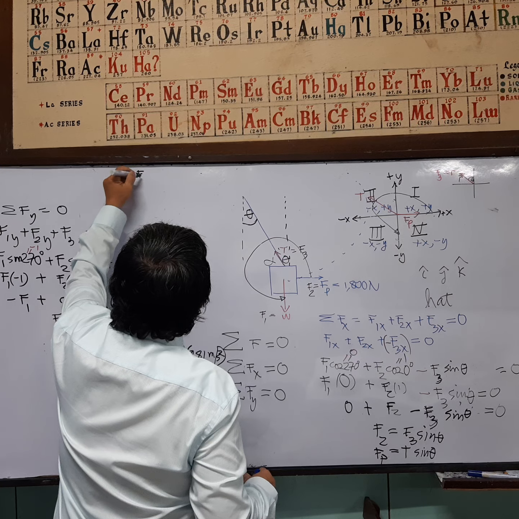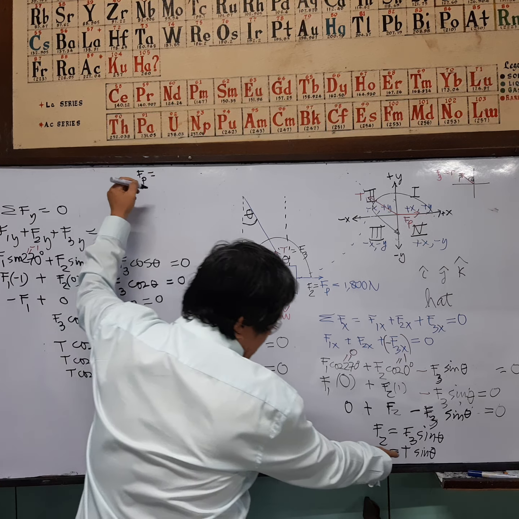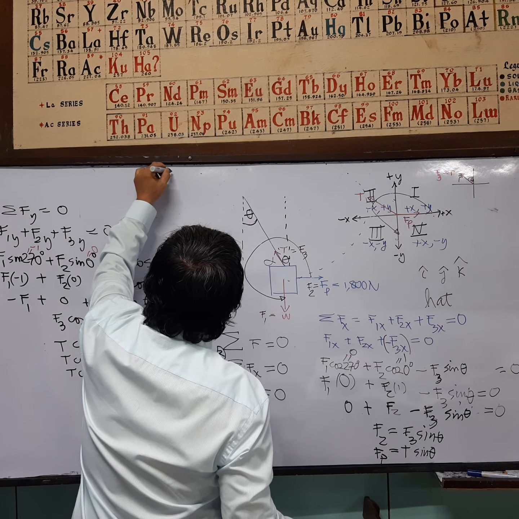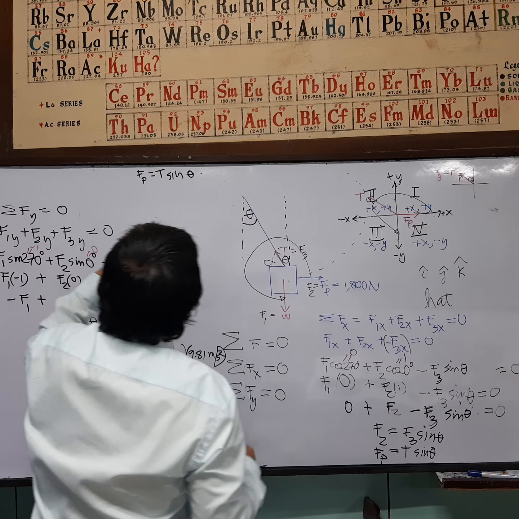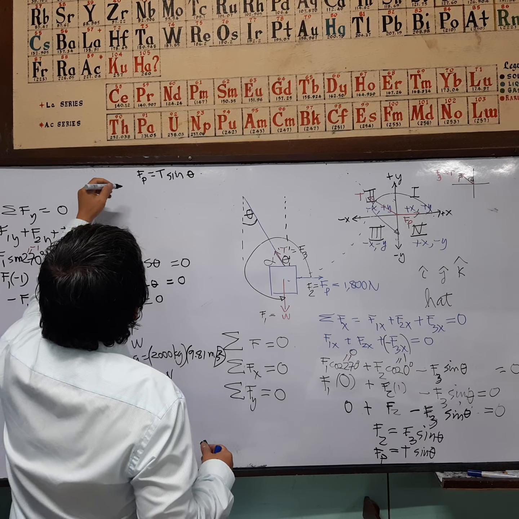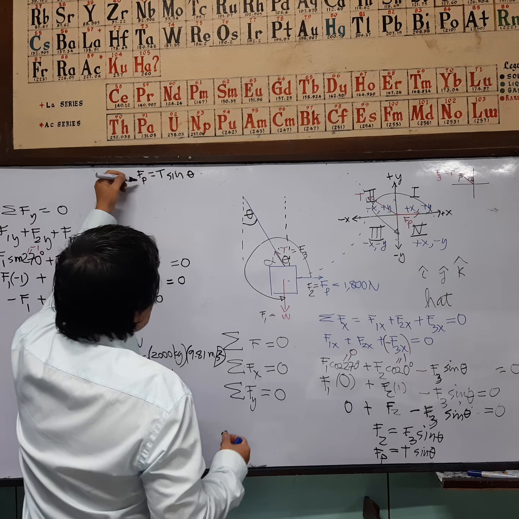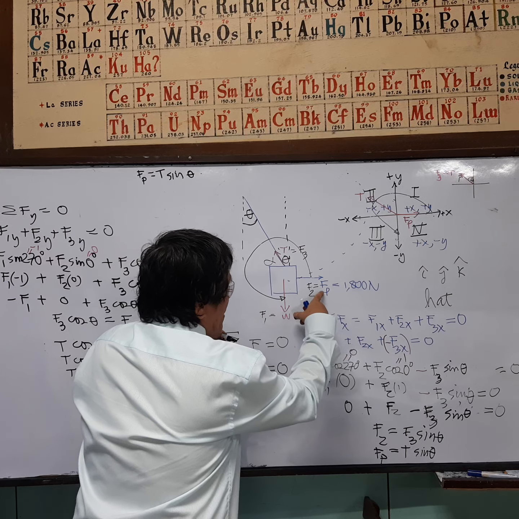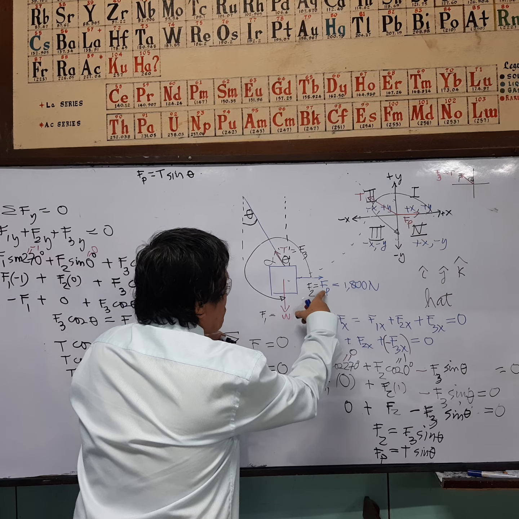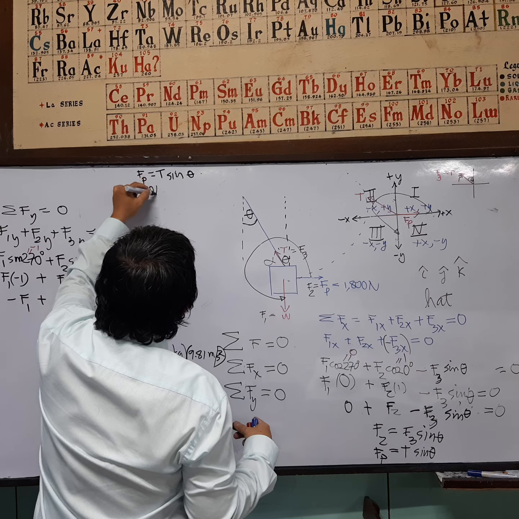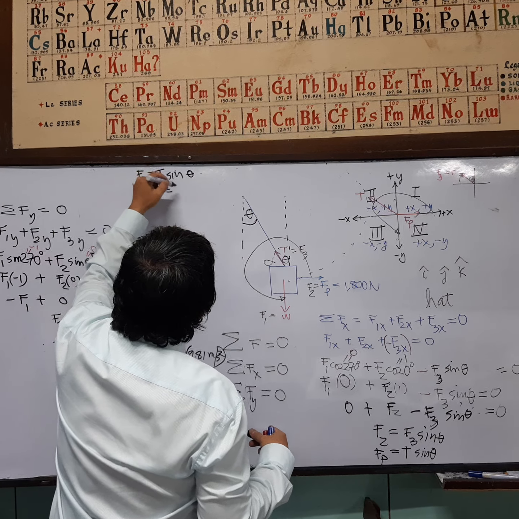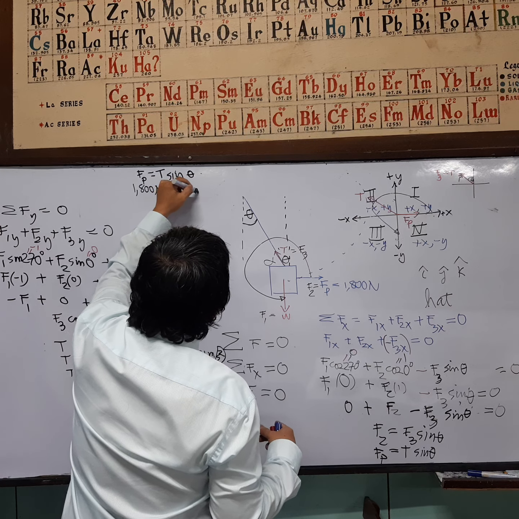FP equals T sine theta. Okay? Our FP, the pulling force, is 1,800 newtons, so 1,800 newtons equals T sine theta.